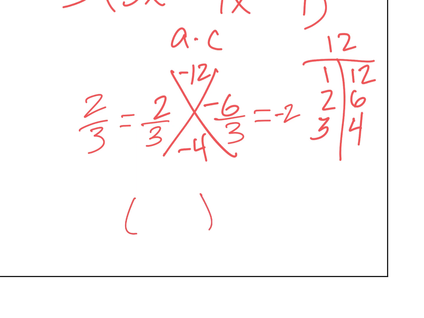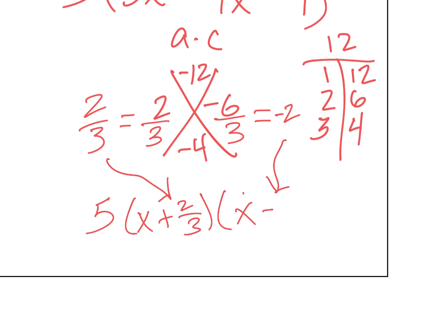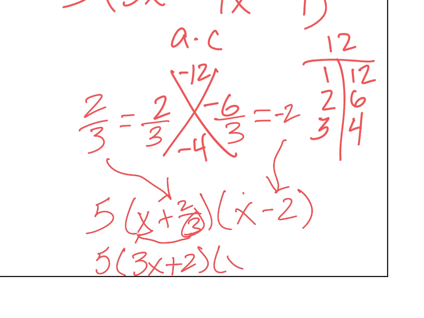Don't forget, like some of y'all did last time, we're going to still bring that 5 down. We're going to put x plus 2/3 and x minus 2. We still have to swing the denominator over in this part right here. We're going to swing that 3 in front. So it's going to be 3x plus 2 and x minus 2.